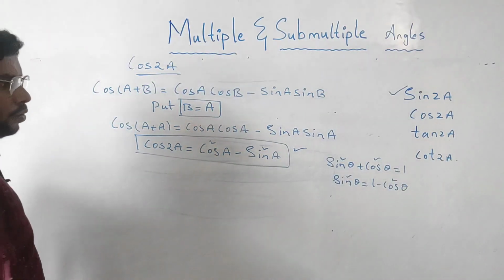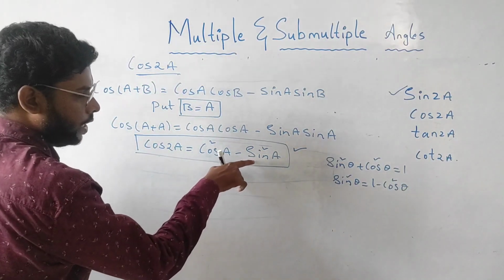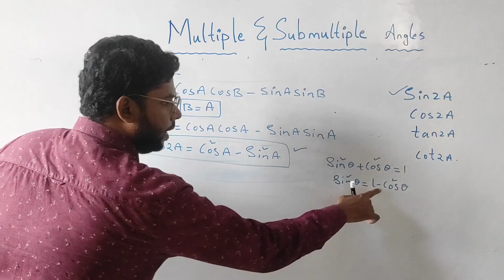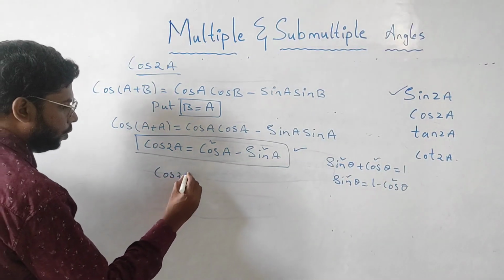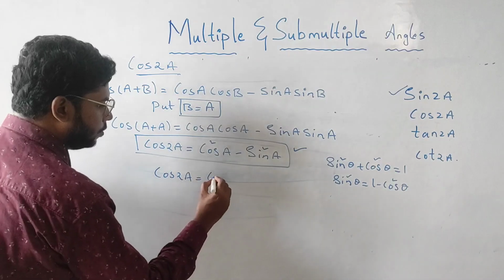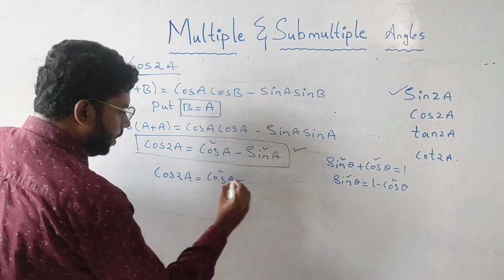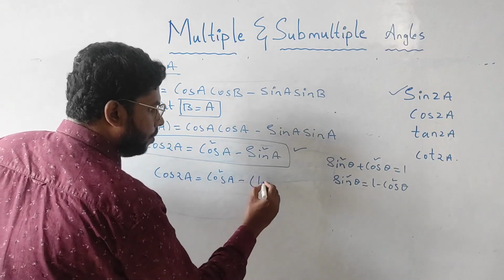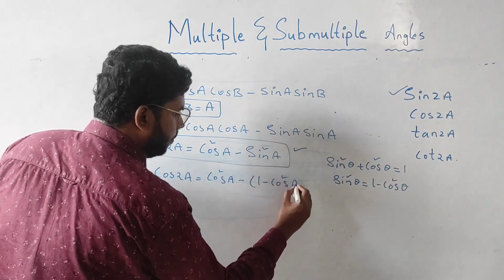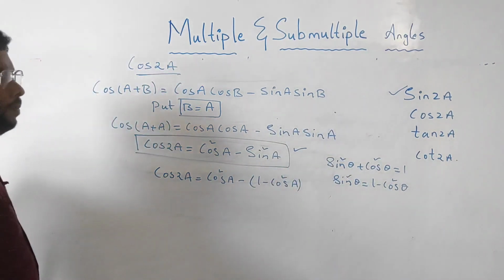So here similarly, in the place of sin square A, can I write 1 minus cos square A? So what will it become? See, cos 2A is equal to this cos square A as it is, minus, so in the place of sin square A I am writing what? 1 minus cos square A. So here in the place of theta I am putting A.